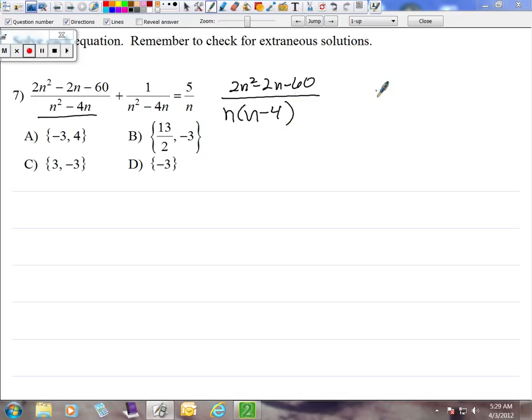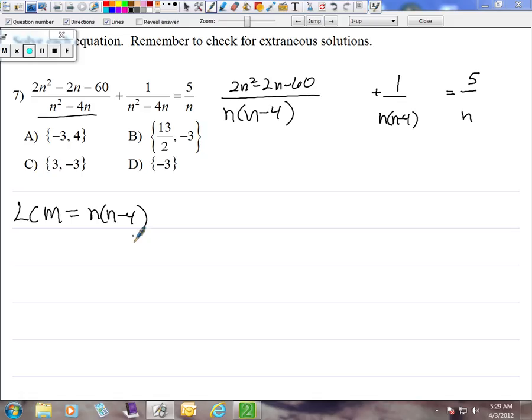We have a plus 1 over... Factor this denominator, we're going to have the same thing, aren't we? And then leave a little space and we have an equals. And we can't factor this one, but it's pretty obvious that our least common denominator is going to be n minus 4.